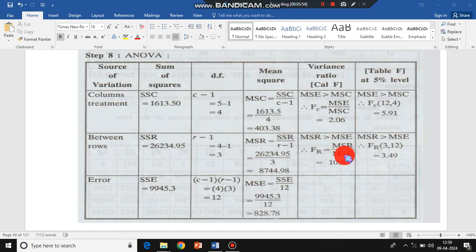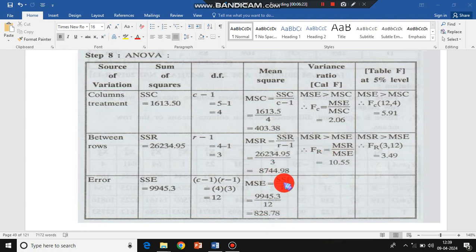As I already told you, the greater number you write at the numerator place, and the smallest number at the denominator. So MSR is the greatest number here, and MSE is the smallest number here.